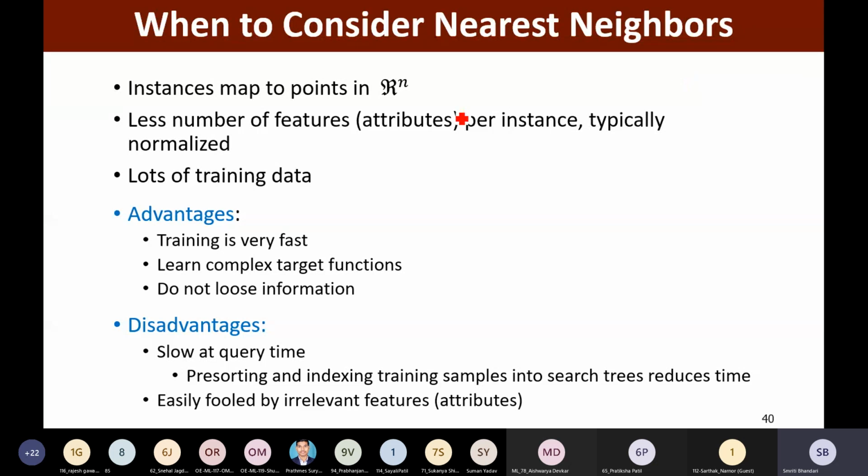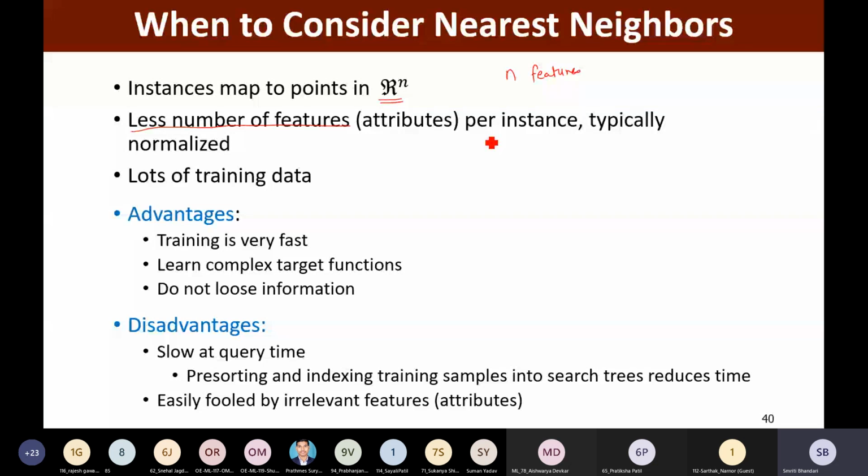So when we should go for these kinds of nearest neighbor algorithms, right? So we have listed here a few important points that we should consider while using this nearest neighbor algorithm for classification or regression. Obviously, our instances are being described in n-dimensional space. So we are having n features, n may be anything depending on our problem statement.